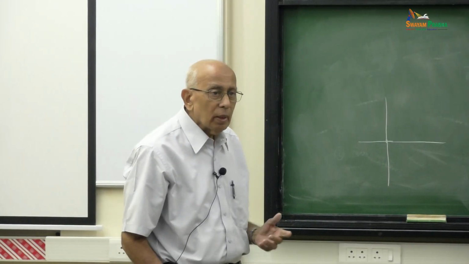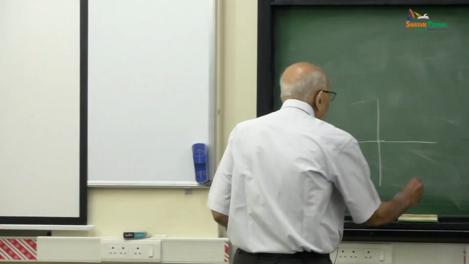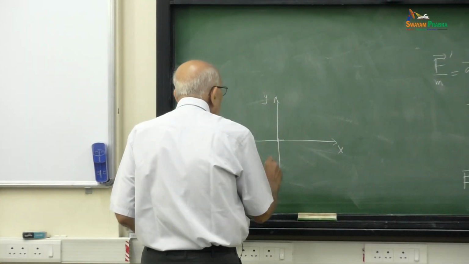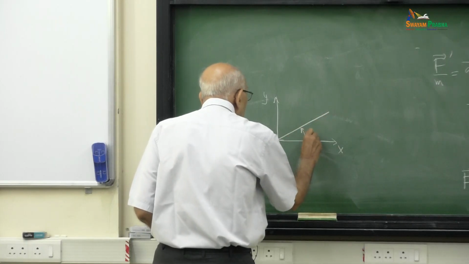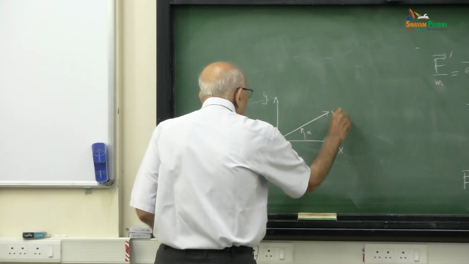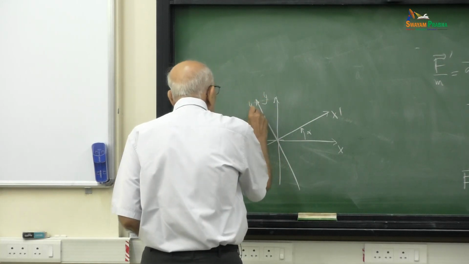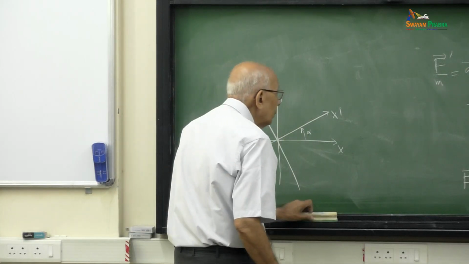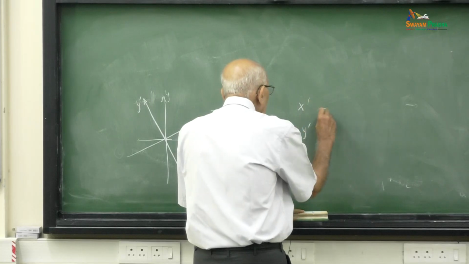And let's do it in 2 dimensions. All it needs is a little bit of trigonometry. So I have a plane, 2 coordinates x and y, and I rotate the coordinate axes by some angle alpha, and this is x prime, and this is y prime. Can you write down x prime and y prime in terms of x and y?